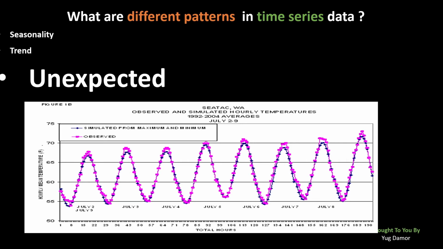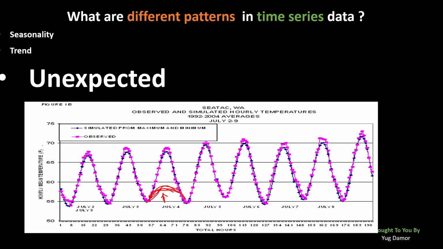Now I will explain the unexpected. Suppose the graph is like this on July 4. It was raining on July 4 in the afternoon, that's why the temperature is very low, but this is an unexpected thing.